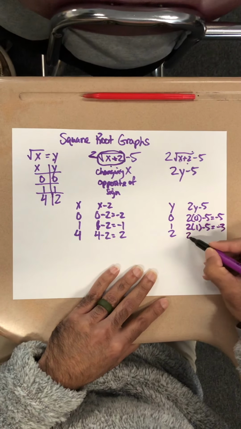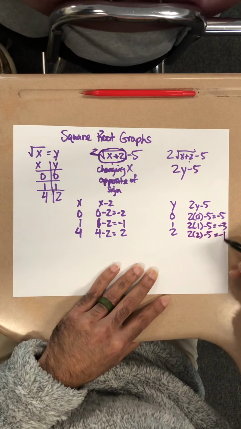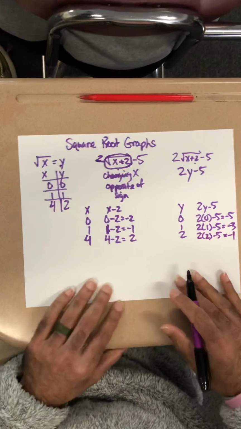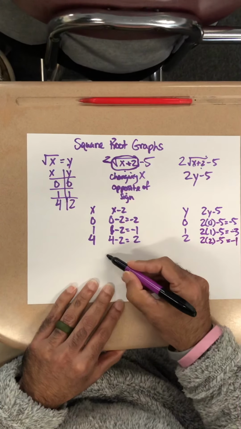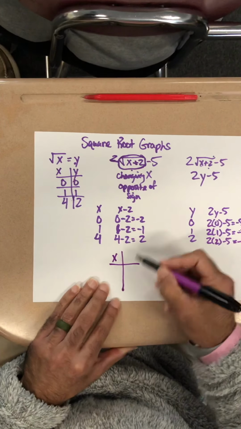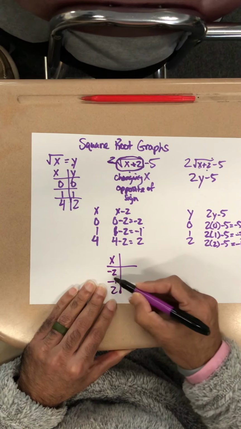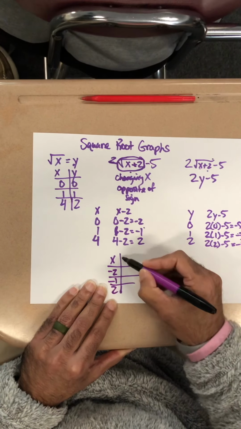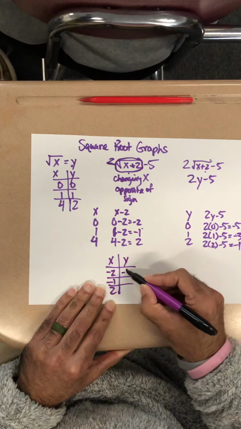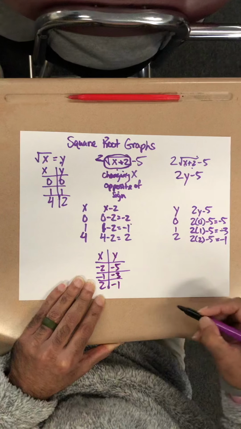And then 2 times 2 minus 5, which equals negative 1. So our new chart is x is negative 2, negative 1, and 2, and y is negative 5, negative 3, negative 1.